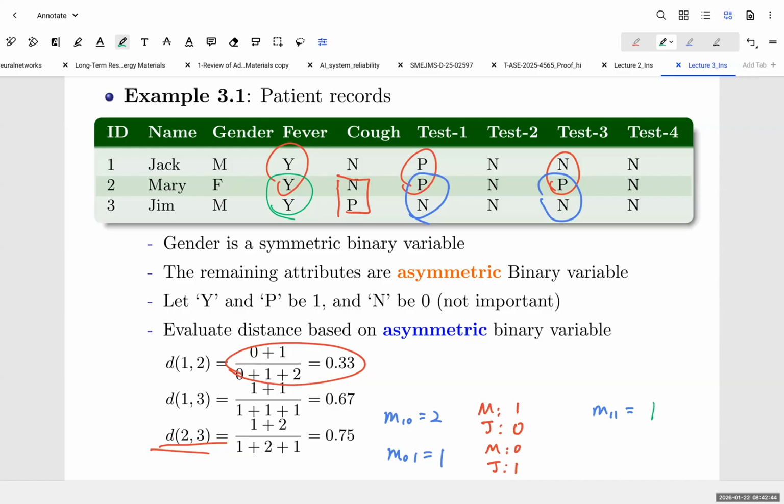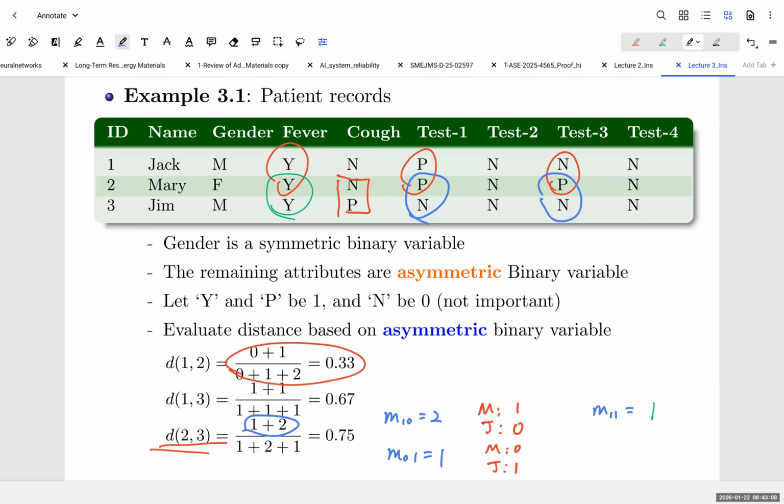So the overall, you can add up 1 plus 2 over 1 plus 2 plus 1. So without considering both negative cases, Mary and Jim have the highest difference, right? So that's what we can see. All right.